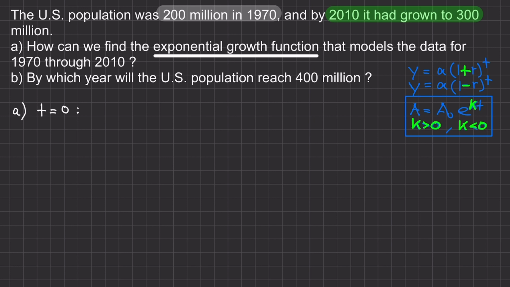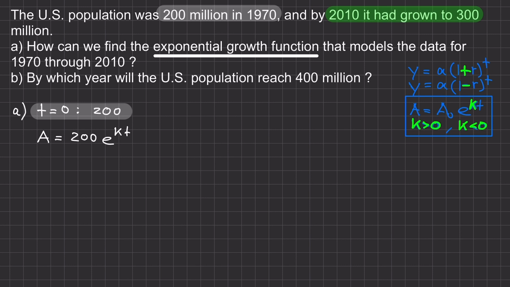We know that at that time the population was 200 million, so we substitute 200 for A0. So we can write A equals 200 times e raised to the power of k times t.